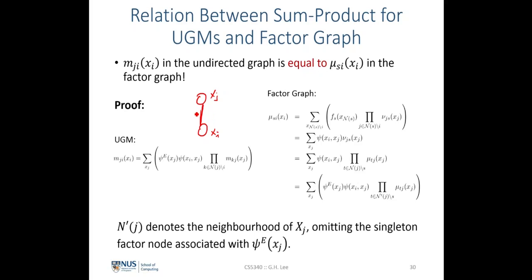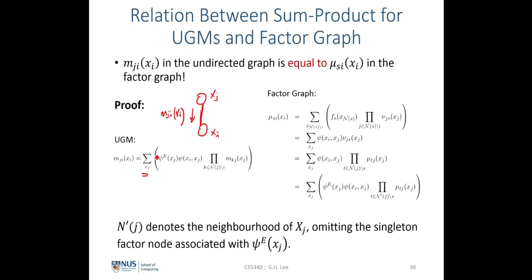So what I'm doing here is computing the message from xj into xi, which I denote as m_ji(xi). Since I'm passing a message from the random variable xj into the random variable xi, I better marginalize away the random variable xj in the final message.